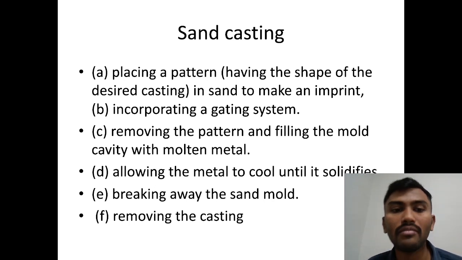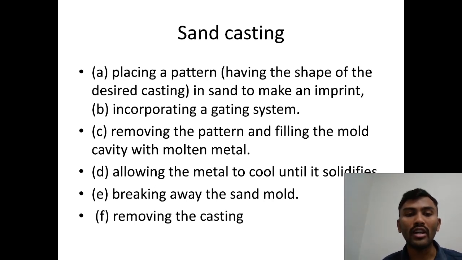After the gating system is completed, we go for removing the pattern and filling the mold cavity with molten metal. That means we have to remove the pattern and fill the mold cavity with molten metal. That means you have to pour with your material. Your product will be made up of plastic, metal, or alloy, whichever. That metal has to be molten and poured into the mold cavity.